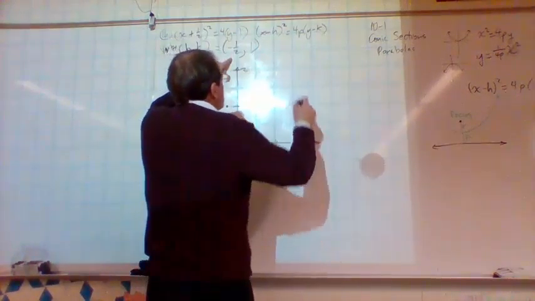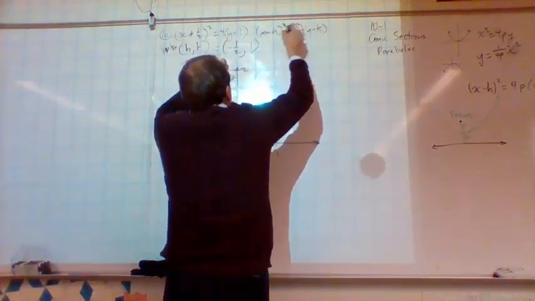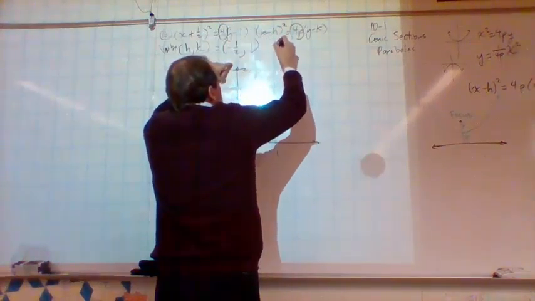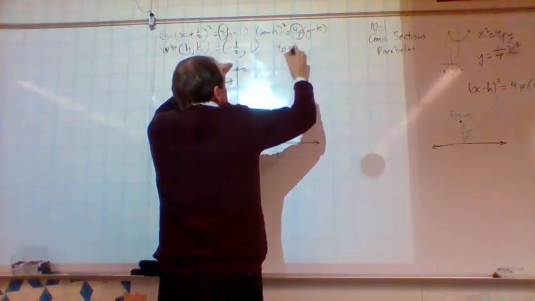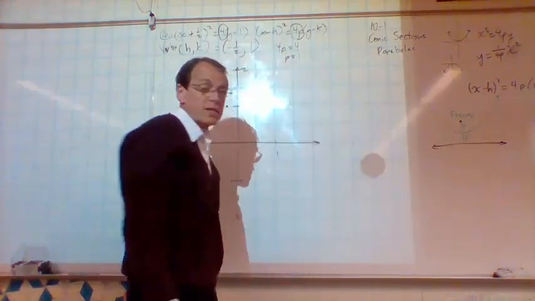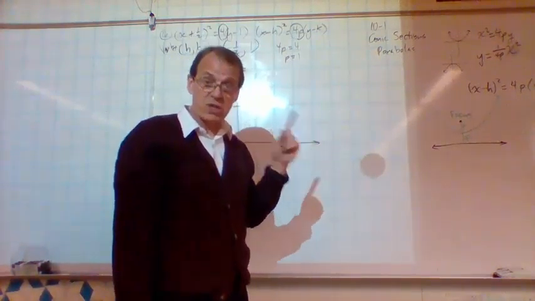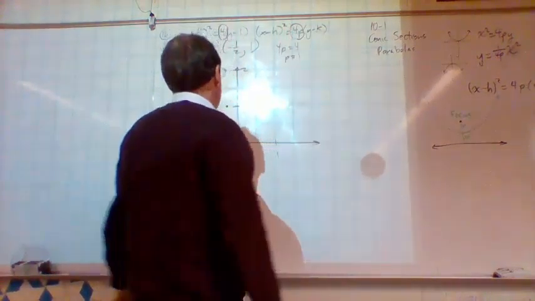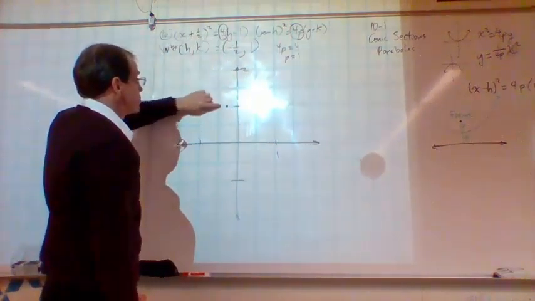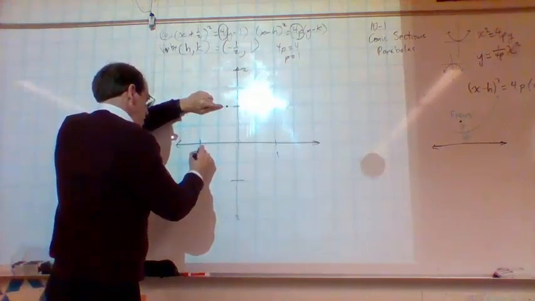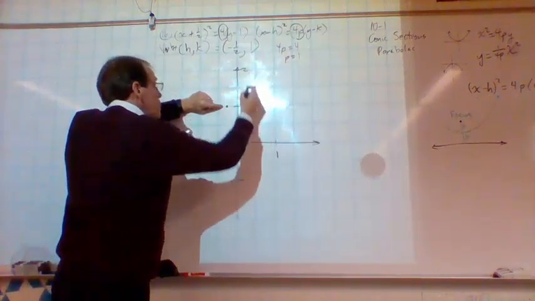Now I've got to find out what p is. Well, there's your 4p. 4p has got to equal 4, so 4p equals 4, and then p has to be 1, doesn't it? That's positive. It opens upward. So my focus is going to be 1 unit up above that. So here I've drawn in, let's make this 1, that 1.